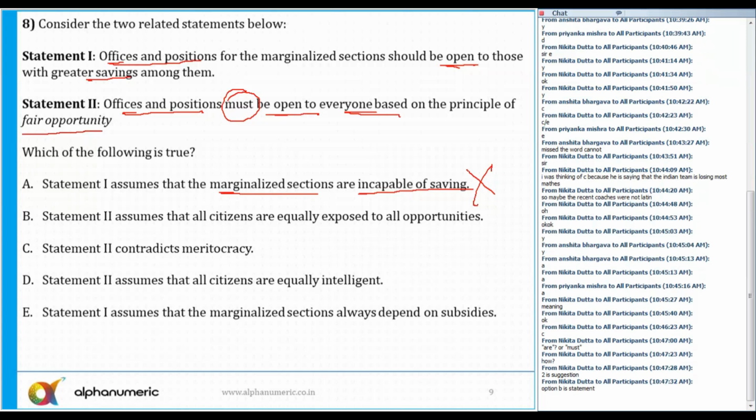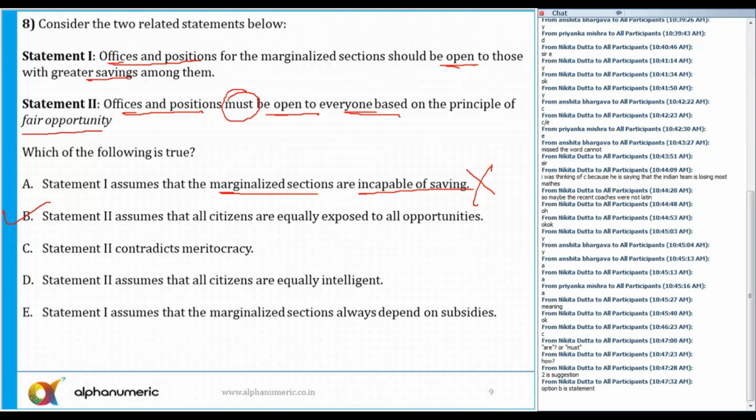If I'm saying we must give everyone equal rights, that means we are assuming that everybody has access to equal rights. Everybody is in a situation to get access to those equal rights. So B is right. When I'm saying that it must be open for everyone, that means I am assuming that everybody is exposed to these opportunities and anybody can take up this position and office. B is right.